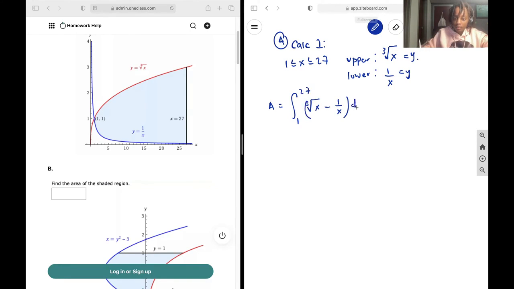all over dx. Let's break this up using properties of integrals. We know the integral of a minus b is equal to the integral of a minus the integral of b. So let's rewrite it. And additionally, we want to rewrite the cube root of x as x to the power of 3 over 2.